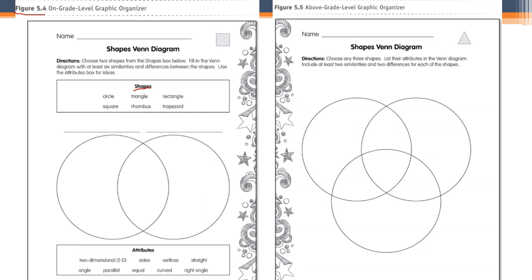So, tignan niyo yung construct, okay? So, merong guide, yung material, kumbaga, the way how the content of the material is presented is easier. It's easier for students who are in the average group. Tingnan niyo naman yung sa above grade level, yung sa mga gifted learners. Dito, dalawa lang yung circle sa mga on grade. Dito tatlo, wala pang guides. Okay?